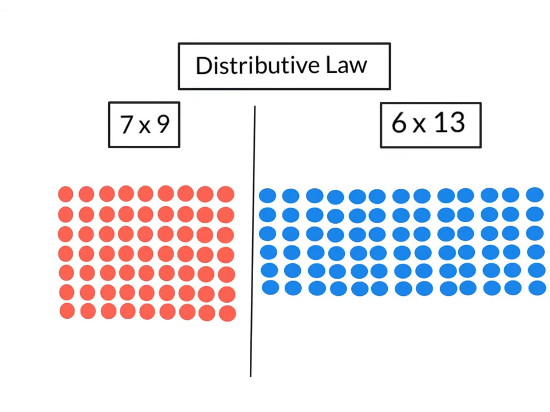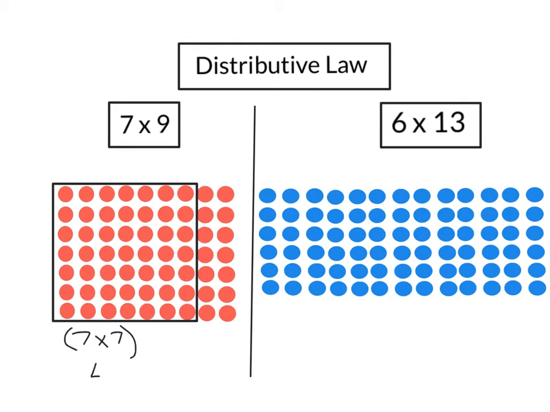Distributive law can help us with our times tables when we're not quite sure on one particular value. So for example, 7 times 9, I might not remember what that is, but I might remember what 7 times 7 is. So we've got 7 here times 1, 2, 3, 4, 5, 6, 7. Well, I might know what 7 times 7 is, which is 49. And then I need another 2 lots of 7.